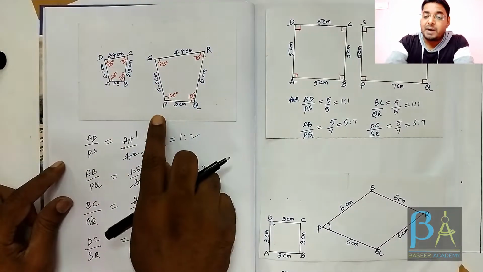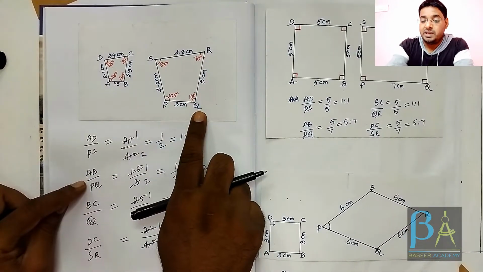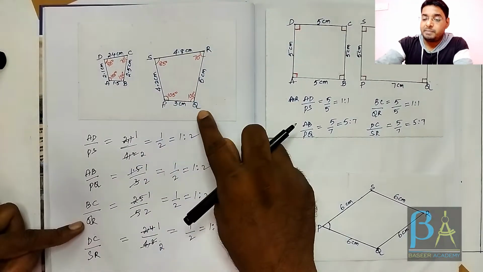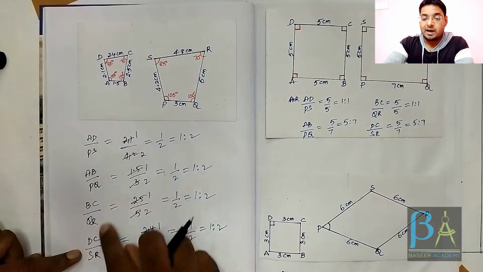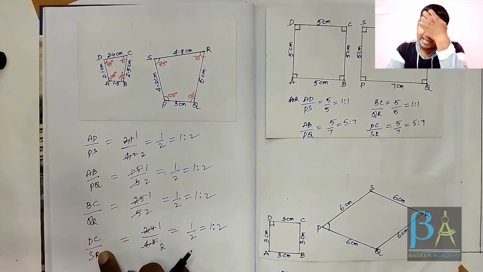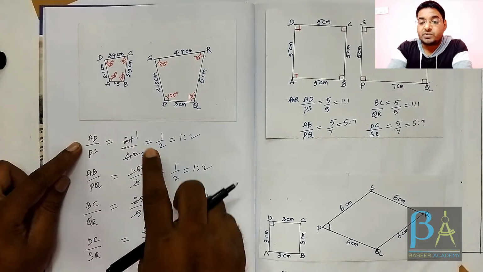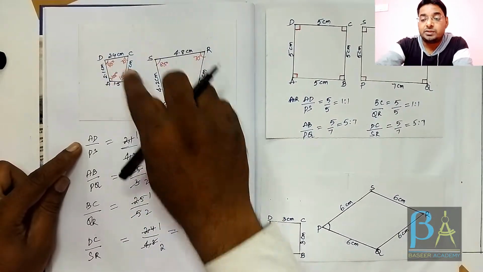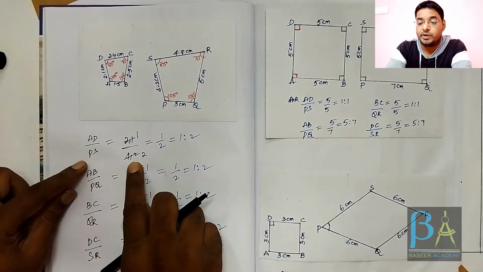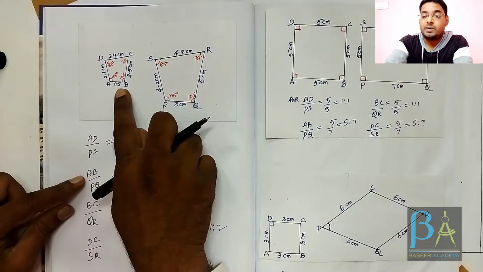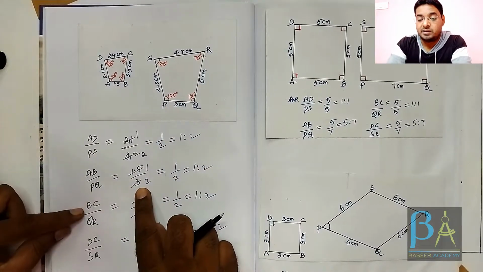So AD by PS, AB by PQ, BC by QR, and then DC by SR. We are finding the ratio of the corresponding sides. Now AD is how much? AD is 2.1, so I wrote 2.1 here, and then PS is 4.2, so I wrote 4.2 here. AB is 1.5, so I wrote 1.5 here. PQ is 3 centimeters, so I wrote 3 here.